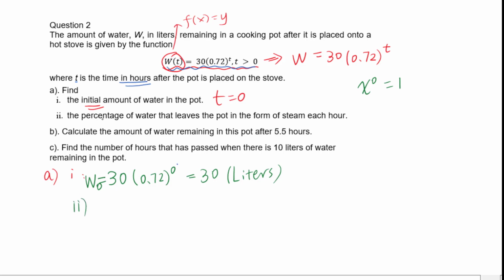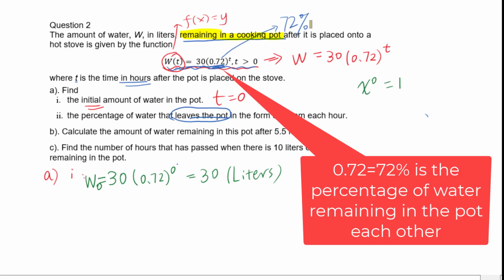Second one, the percentage of water that leaves the pot in the form of steam each hour. First of all, check this function. This function is the amount of water remaining in a cooking pot, which means 72% of water remains in a cooking pot each hour.